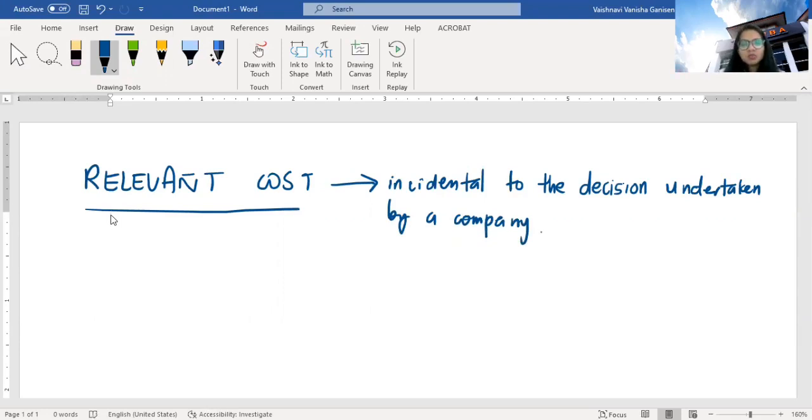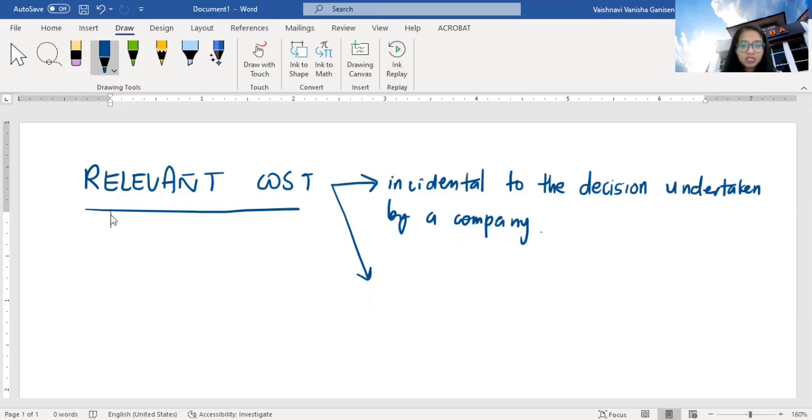In other words, to make it simpler for you, a relevant cost is a cost that is relevant to the decision that you make, i.e., it only arises as a result of undertaking a certain decision.